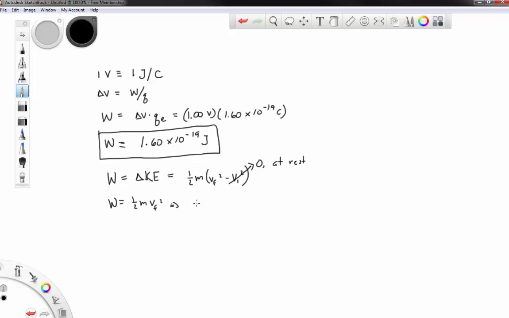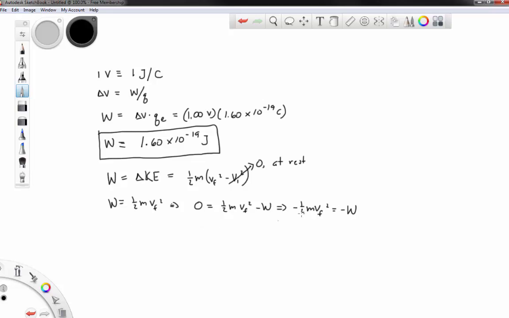So we're going to have 0 is equal to 1/2 m v final squared minus work. So now we need to subtract the 1/2 mv squared from both sides. So that means minus 1/2 m v final squared is equal to negative work.